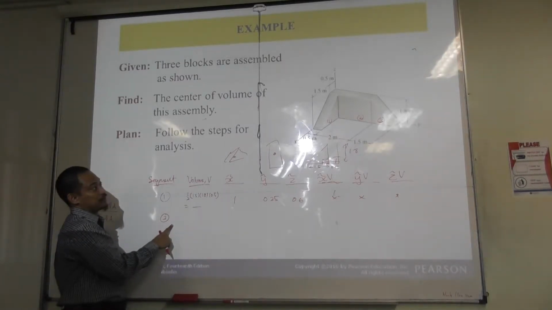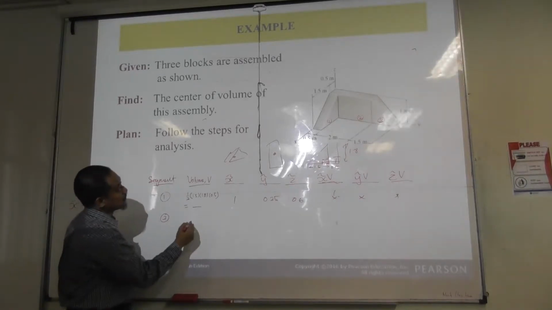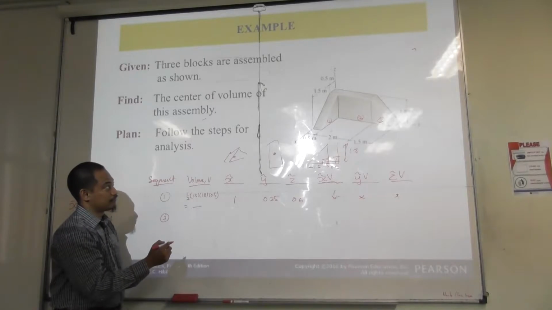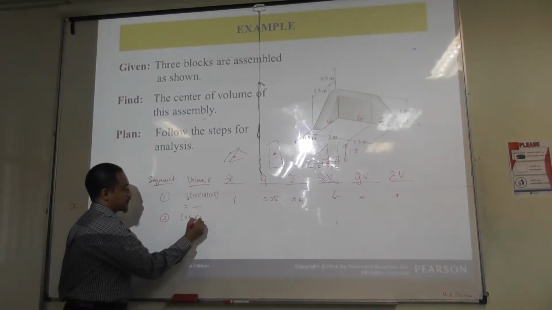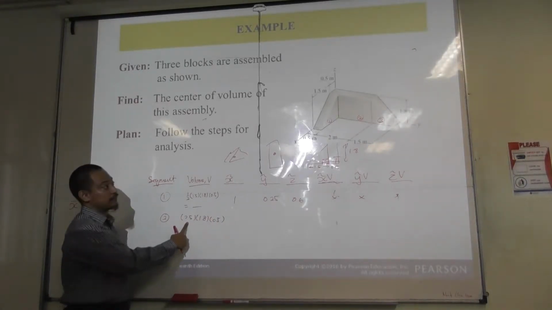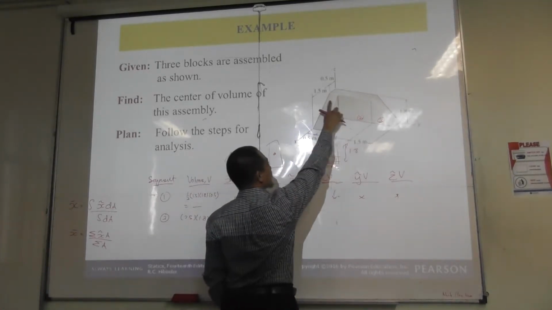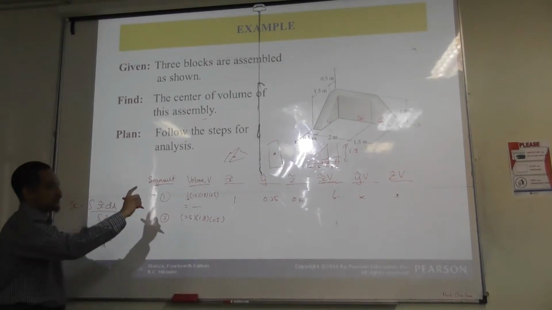Okay, block number 2. What's the volume? It is basically 2.5, 1.8, 0.5. Do you know how to get this 2.5? Make sure you also consider it from the total line. Do not be confused with that one.